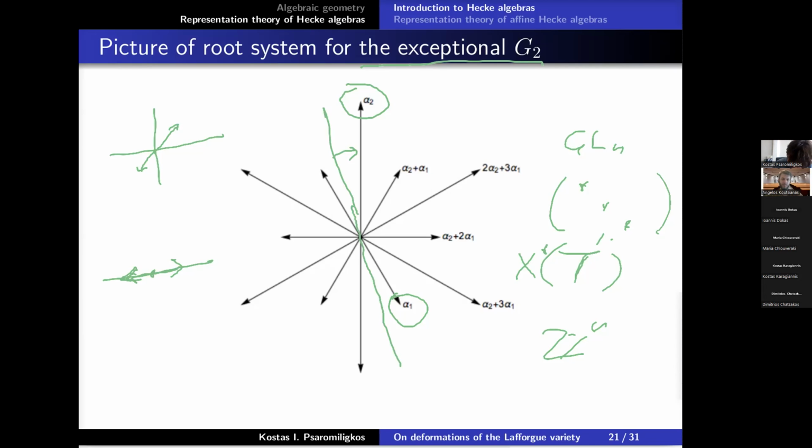And each of these simple roots will also give you a reflection. It has a corresponding reflection, which we call s_a1, and it should preserve the root system. So if you take a reflection across this line, this s_a1, you see that every root goes to a root.